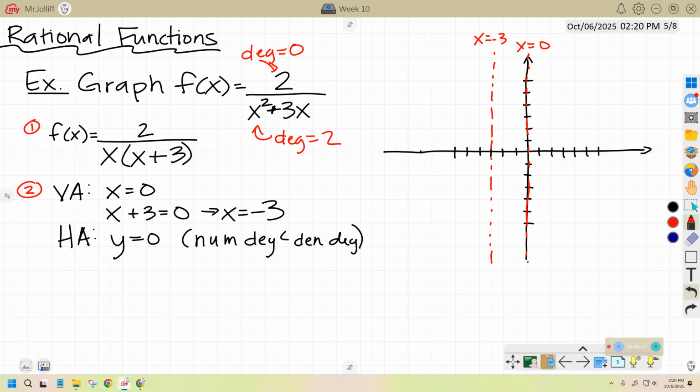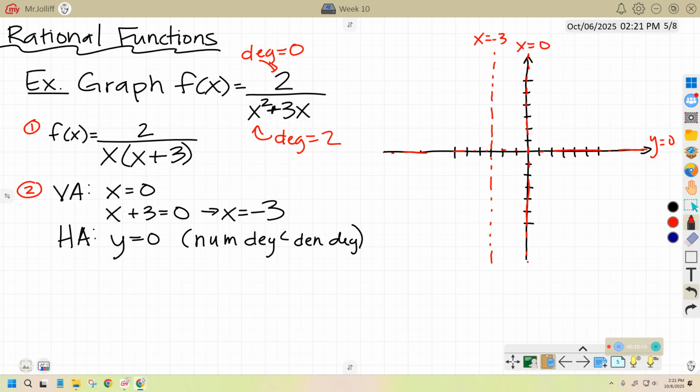I have a horizontal asymptote at y equals 0, which is the x-axis. Step 2 is done.